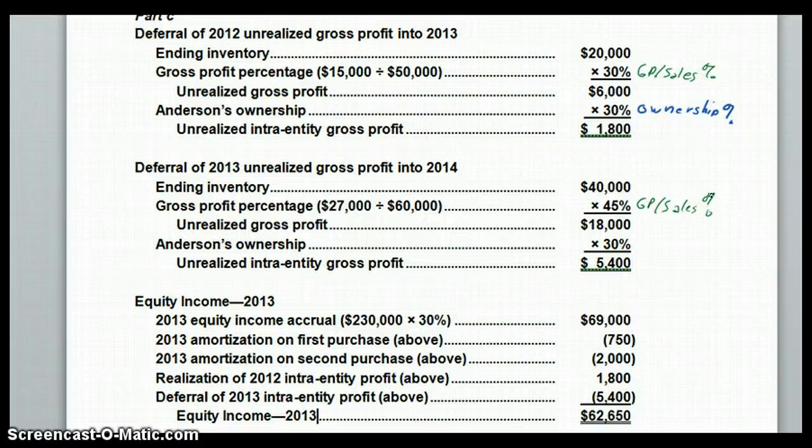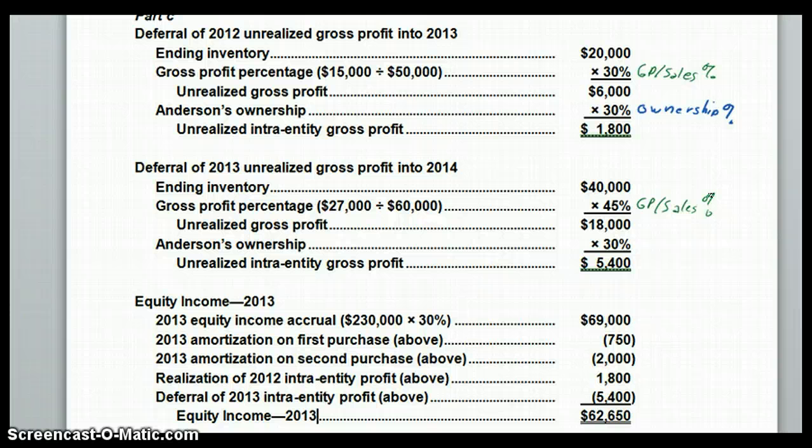So $40,000 in intercompany inventory, 45% gross profit. The intercompany inventory has $18,000 of gross profit left. $18,000 times the 30% that Andersen owns of Behringer is $5,400.